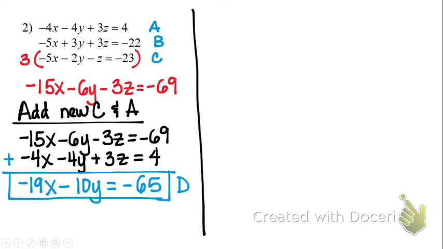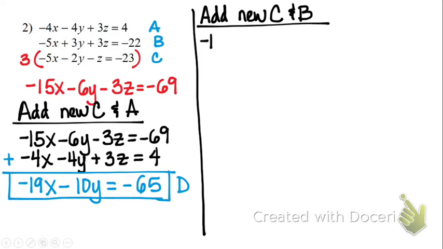Step number 2 is I want you to add the new C and B. So I'm going to take the new C and B.